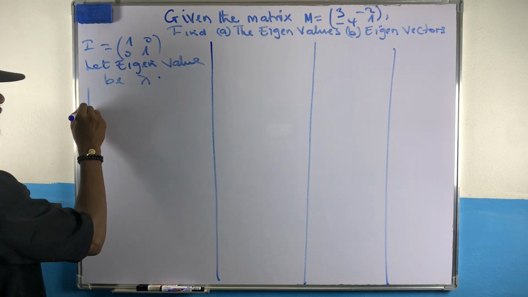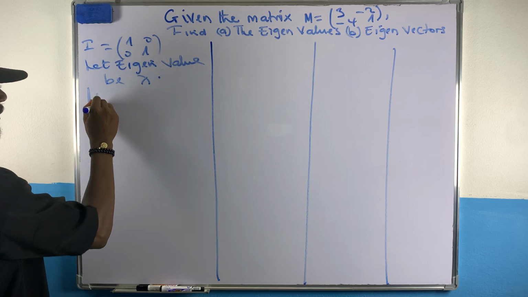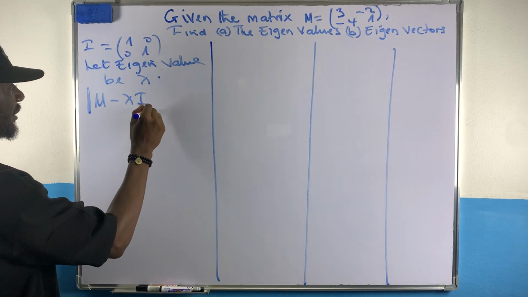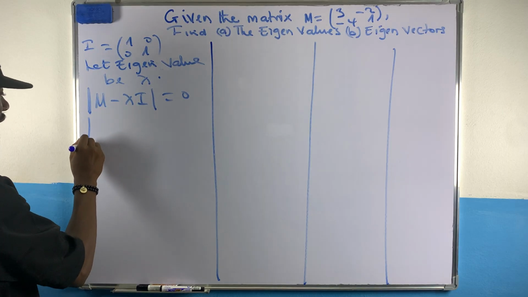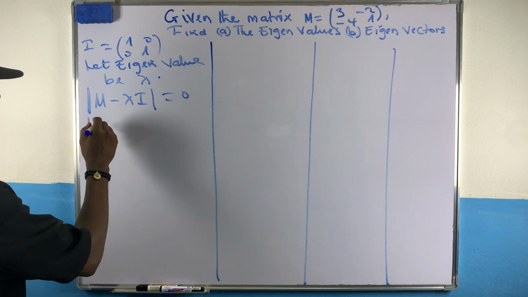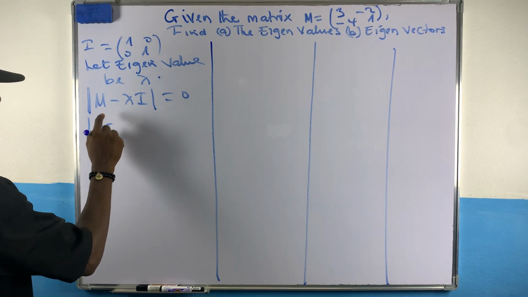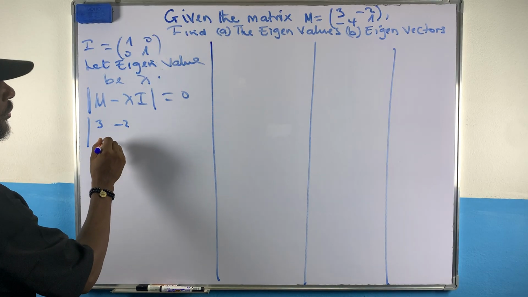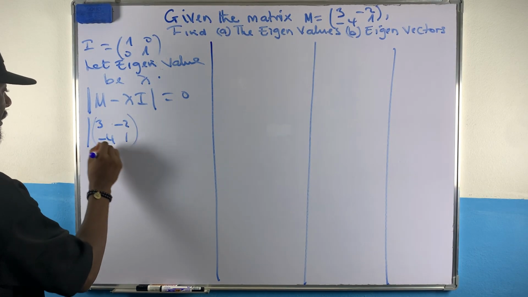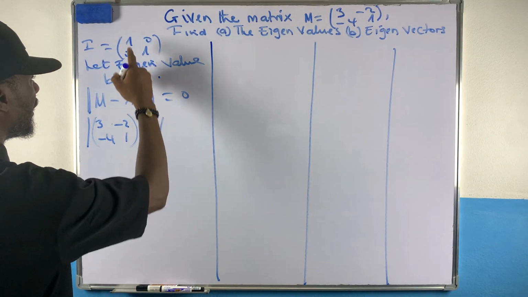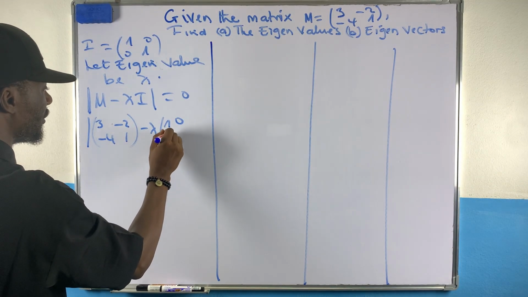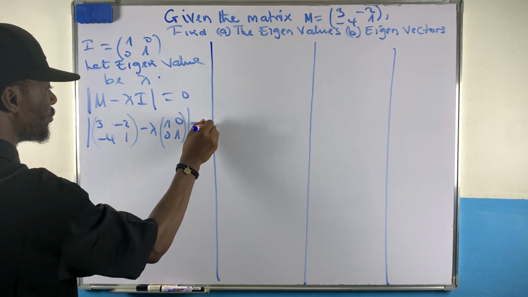We say the determinant of the matrix M minus lambda multiplied by our identity matrix should be equal to 0. So we have the determinant of [3, -2; -4, 1] minus lambda multiplied by [1, 0; 0, 1] equal to 0.